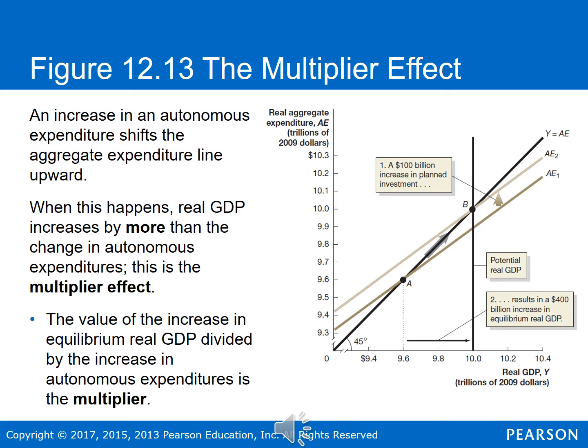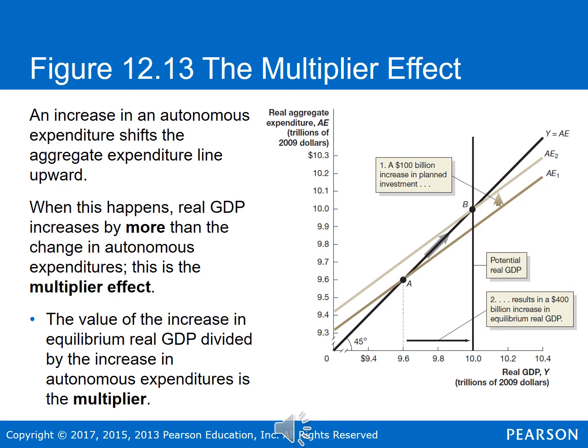Let's say firms then become more optimistic about the future profitability of investment. So they increase spending on factories, machinery, and equipment, things like that, by $100 billion. So they increase their investments. This increase in investment spending is going to shift the aggregate expenditure line up by $100 billion. So we'll move from the line AE1 in the figure on the right to AE2.